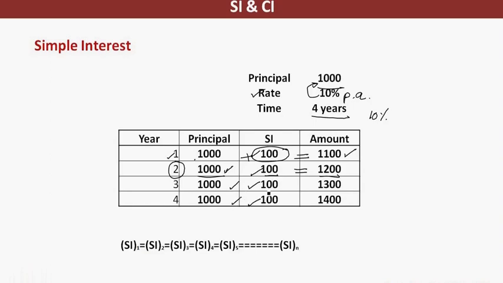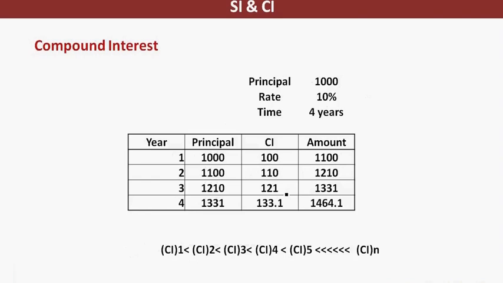Even for the third year, the principal and the simple interest would not change. For the fourth year, the principal and the simple interest would not change. My initial principal is the principal that is taken as the initial value for all the years. So simple interest for all the years, if the rates are not changing, would remain constant. So I need not calculate simple interest for all the years. 1 year is good enough for me.